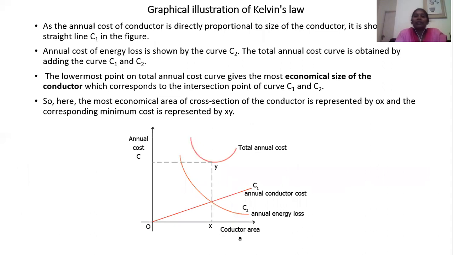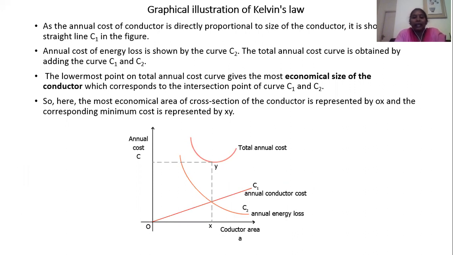Now this is the graphical illustration of Kelvin's law. As stated earlier, the annual cost of the conductor is directly proportional to the size of the conductor. That is shown as C1, a linear line.